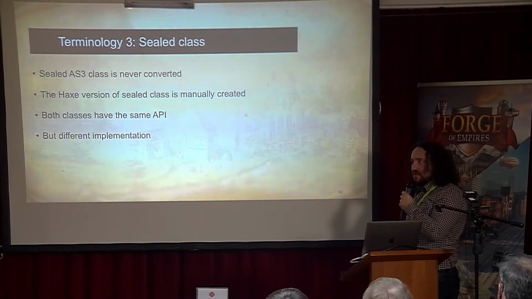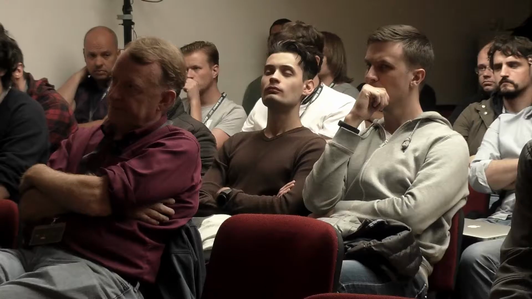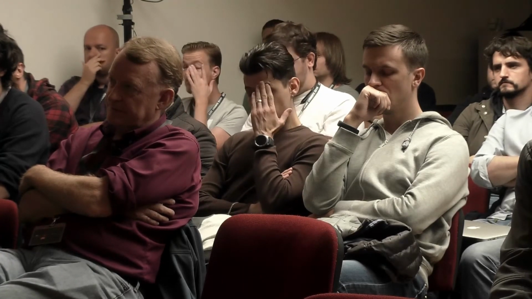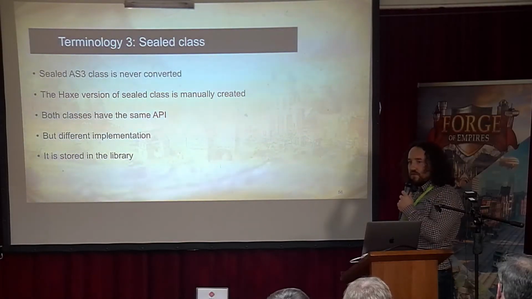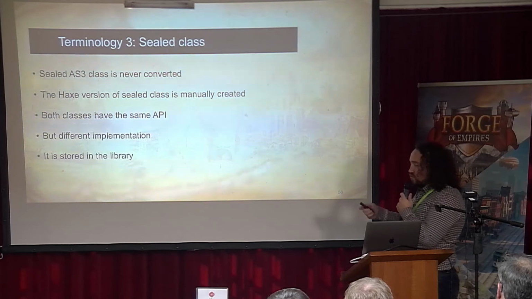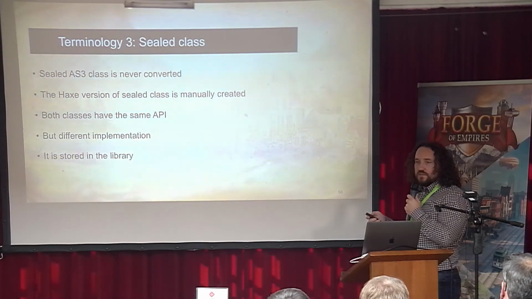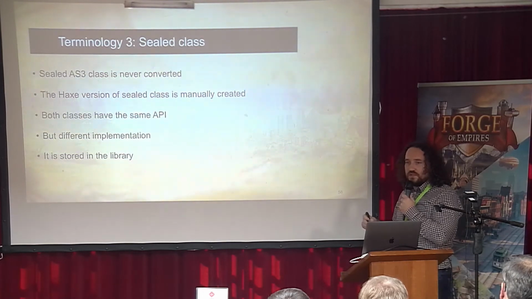Some things that work in ActionScript don't work in Haxe, so we have to provide a different implementation for the same API. And it is stored in separate libraries, so it's not in the Haxe code that we drop on every run of the conversion process. This is also an exception case, and we have just a few of these classes, basically infrastructure classes. It's not something that we use for the game directly.